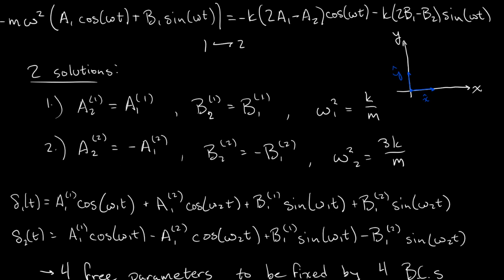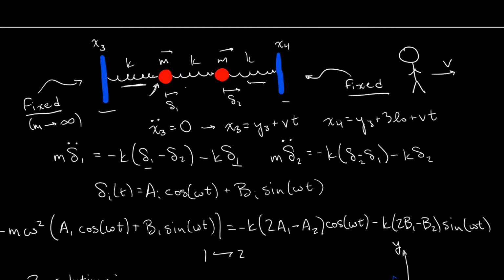So it actually turns out to be the exact same thing. In this case, I have these two solutions: the solution for x1, or for mass 1, and the solution for mass 2.